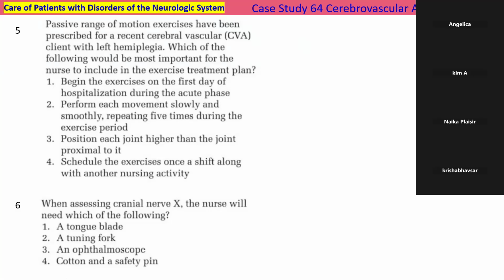Which of the following would be the most important for the nurse to include in the exercise treatment plan? Is it number one? Yes, exercise on the first day, absolutely.